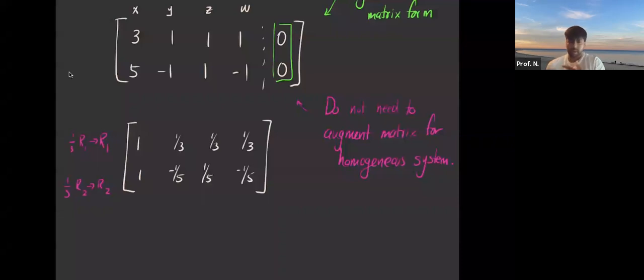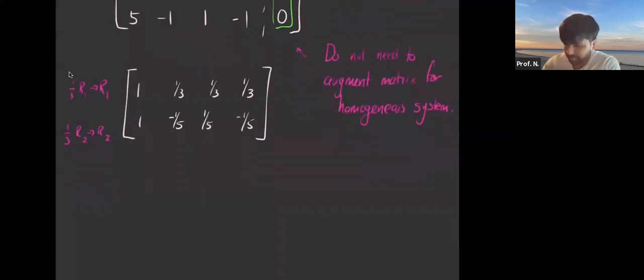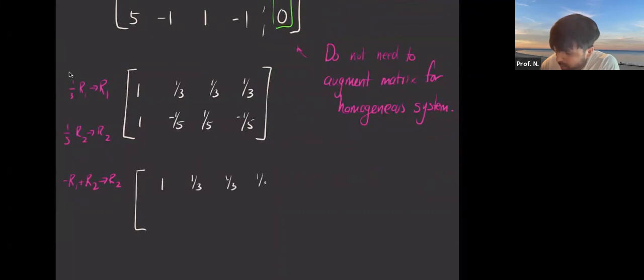So there's a lot of fractions here. And then what happens? I can do negative R1 plus R2 goes into R2. So this equation up here, I get 1, 1/3, 1/3, 1/3. This becomes 0. Then I get what? Negative a third minus a fifth, which becomes what?